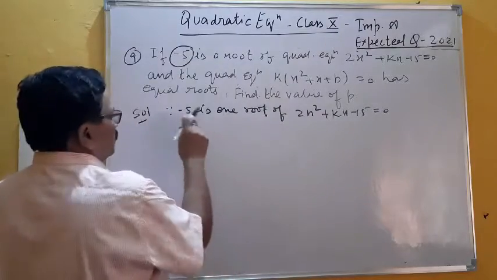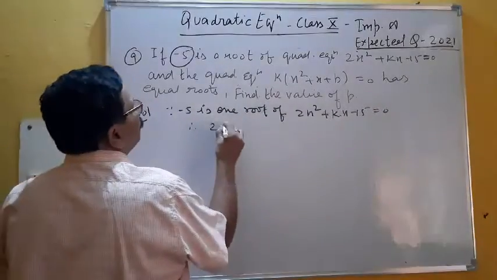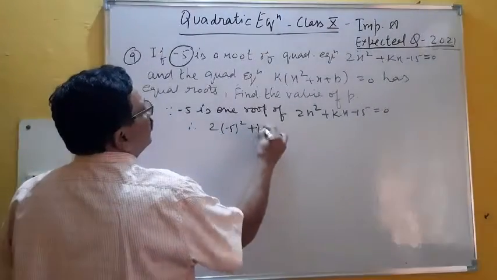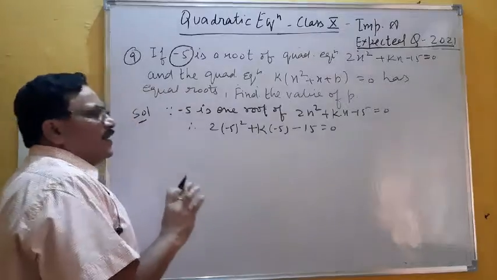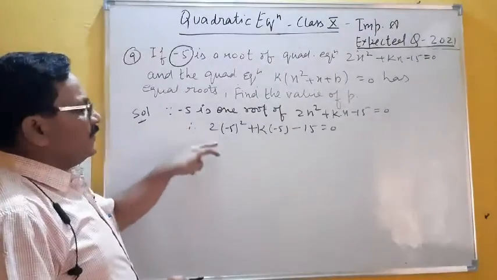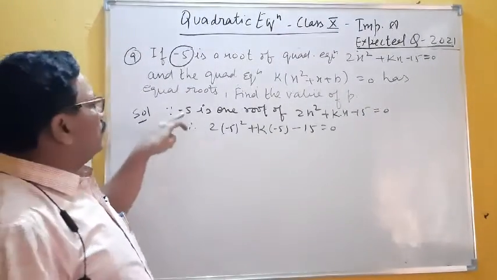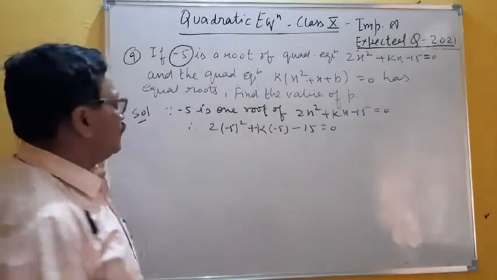Therefore, substitute the value of minus 5 there: 2 into minus 5 square plus k into minus 5. Simply, I substitute the value of minus 5 in the given equation, because if it is a root, then it will satisfy the given equation.